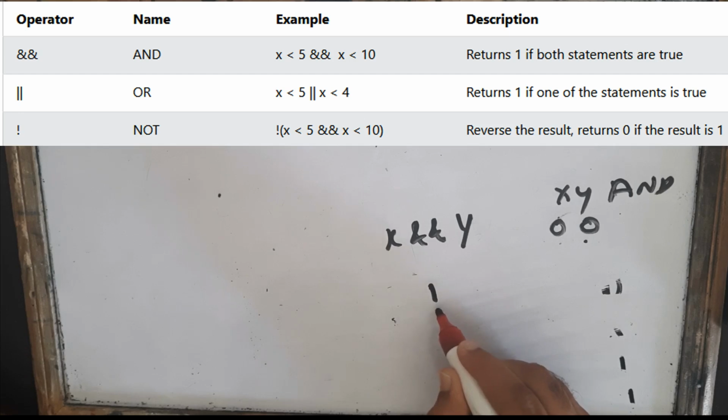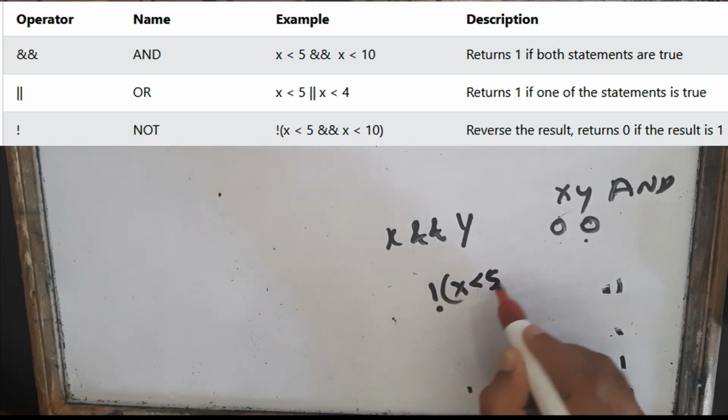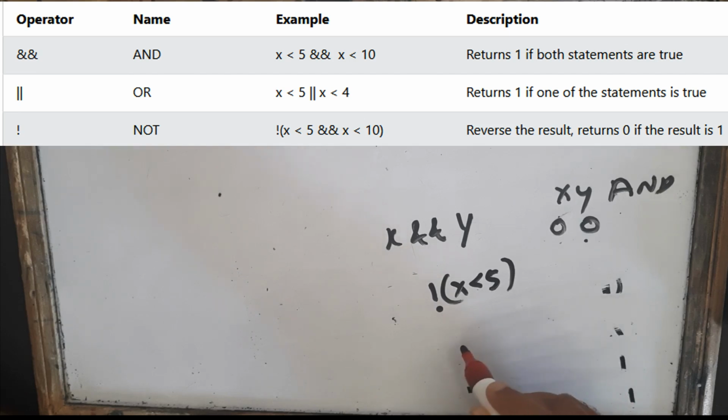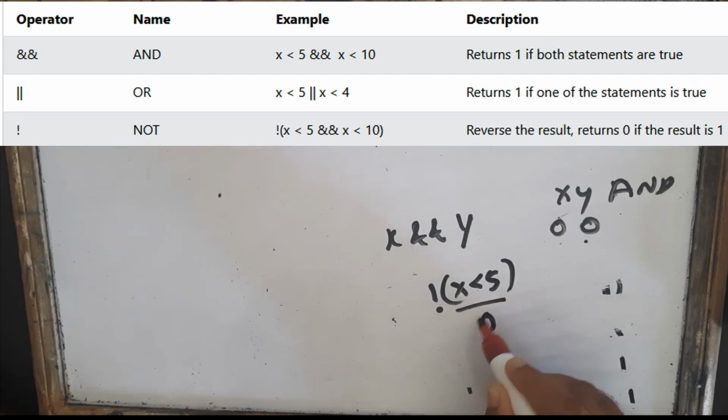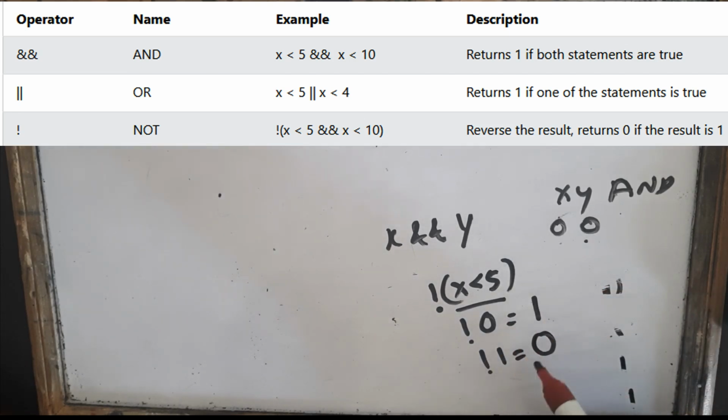So NOT of x less than 5. So simple. If the expression is 0, NOT of 0 will become 1. So NOT will complement the expression. If NOT of 0 is equal to 1, then NOT of 1 is equal to 0.